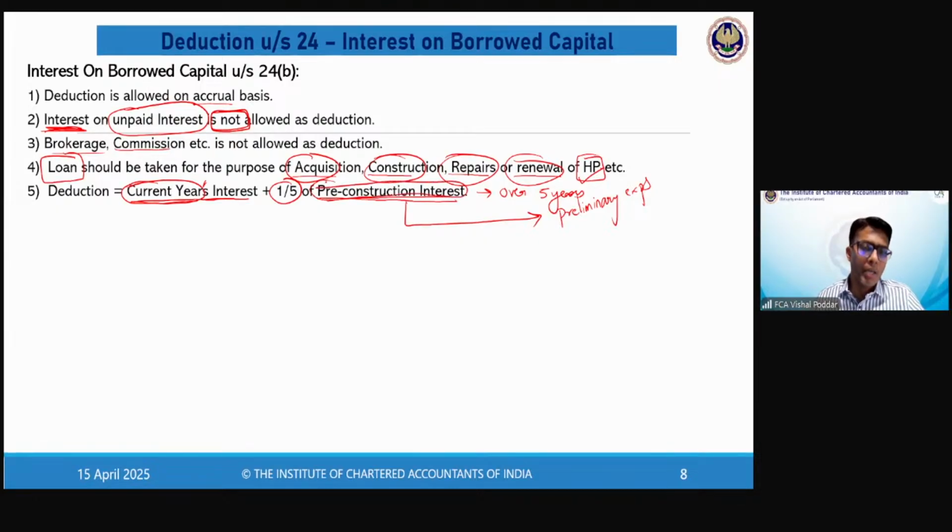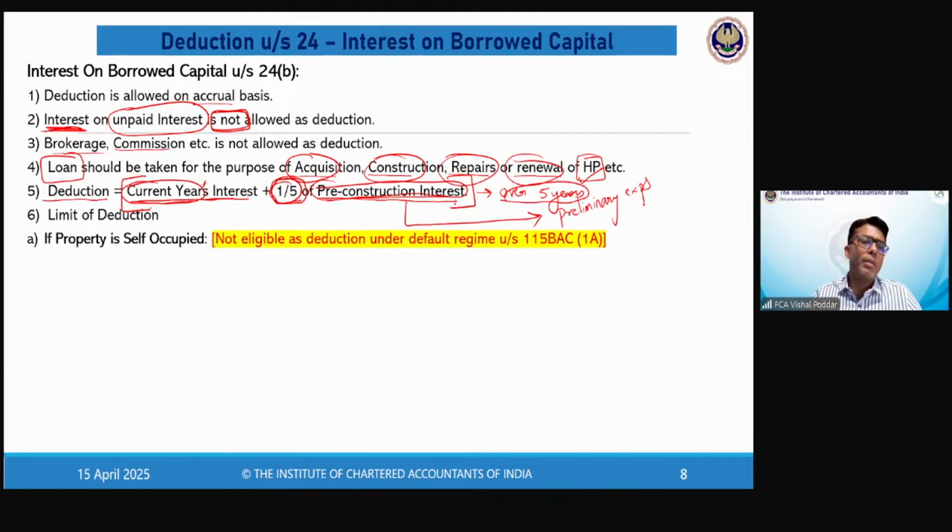You find out that entire period's interest till the house is under construction, and whatever is that interest, you will take deduction over 5 years. Hence, every year the amount allowed is 1/5. So how much is the deduction? It is current year plus pre-construction. But how much of pre-construction? 1/5. Now comes an important question, sir, is there a limit?